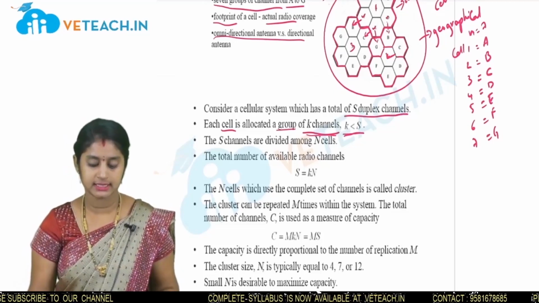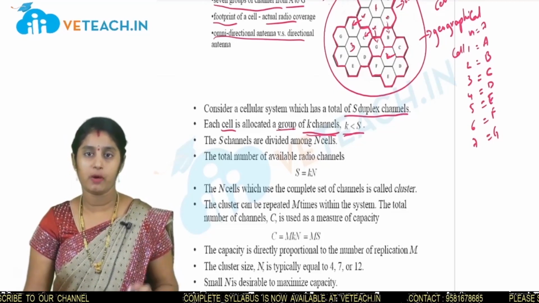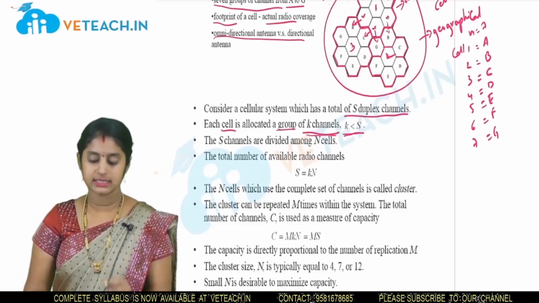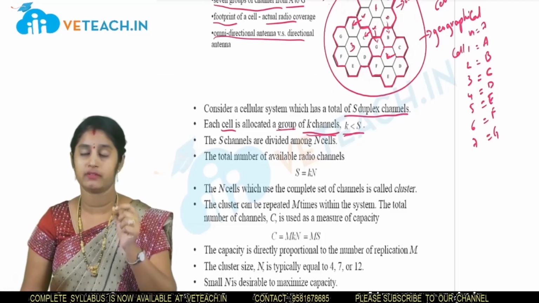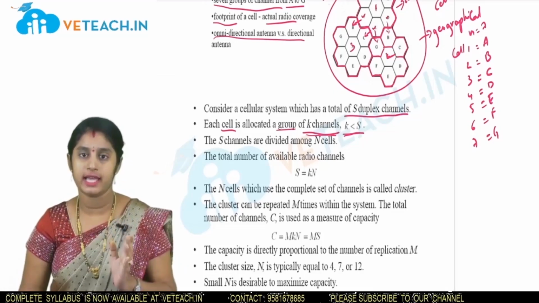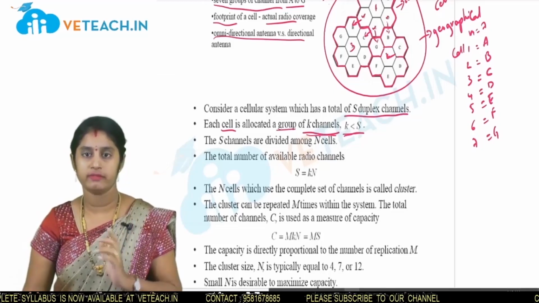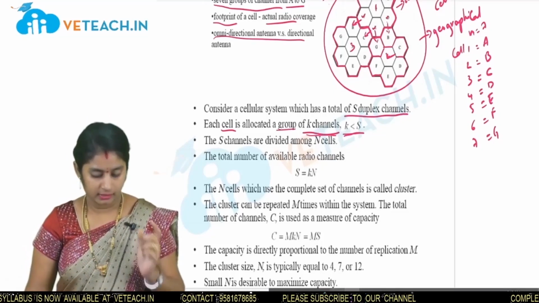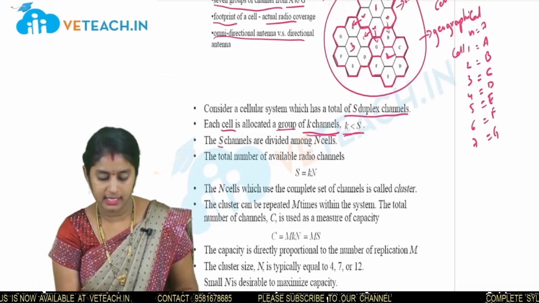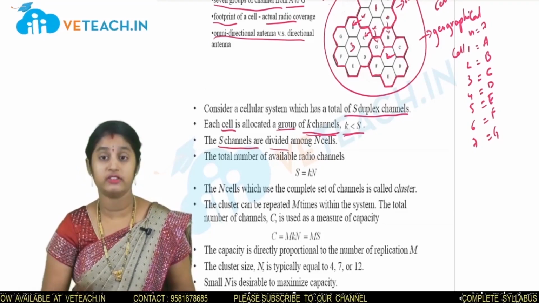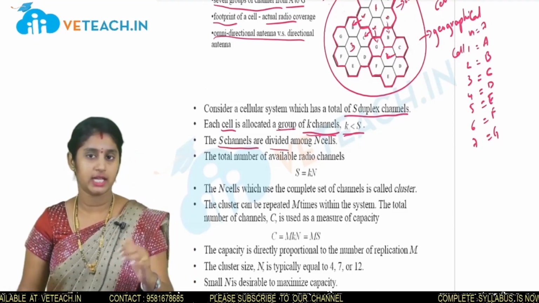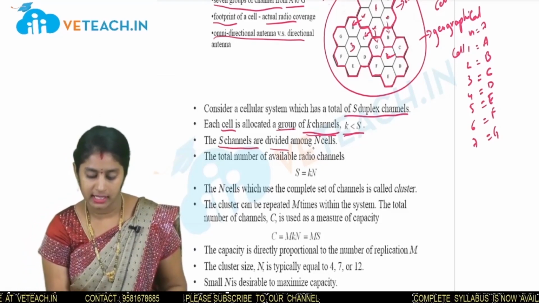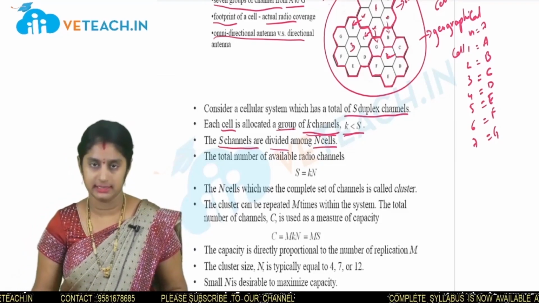That means each cell is allocated a group of K channels, right? So the number of K channels must always be less than S, the number of duplex channels. Fine. And next, we consider that the S channels are divided among N cells.